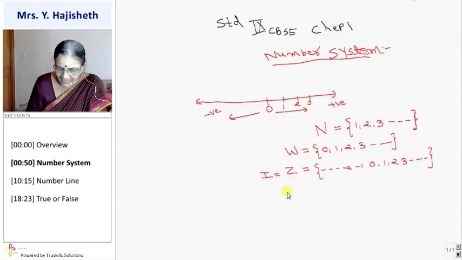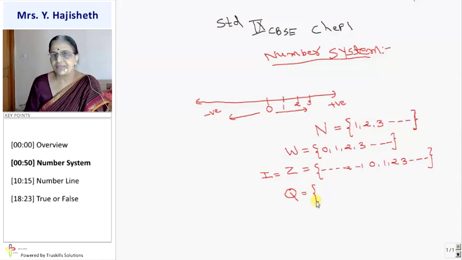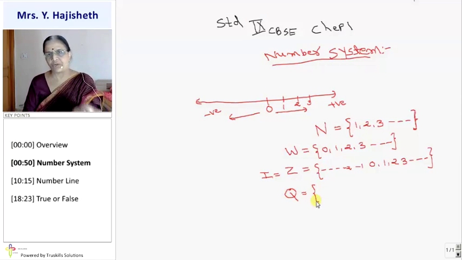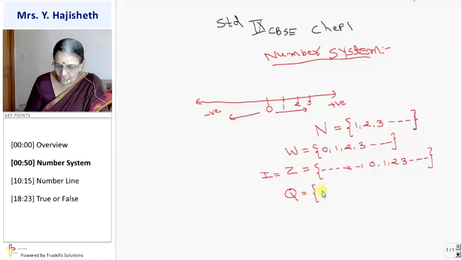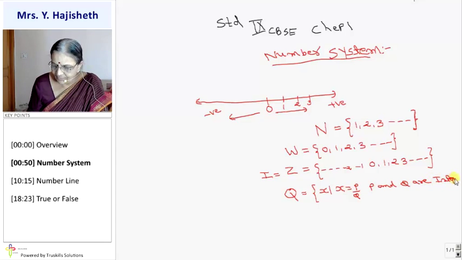Then I write all the numbers of the form P by Q, rational numbers. This is my collection of rational numbers denoted by notation Q. Q is the set of all x such that x can be represented in the form P by Q, where P and Q are integers, but Q is not 0.